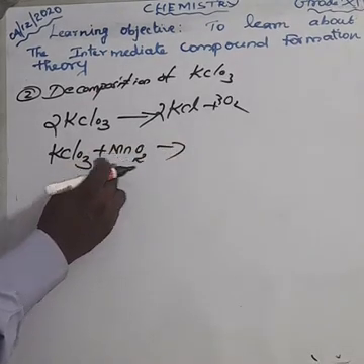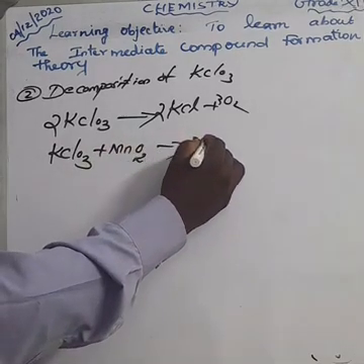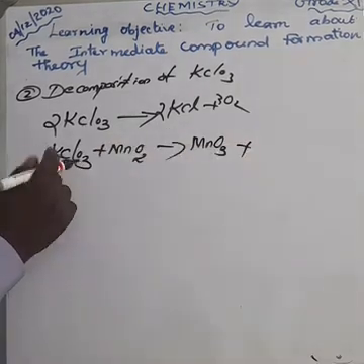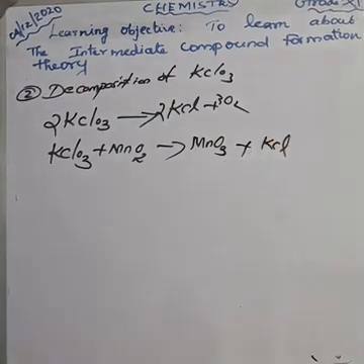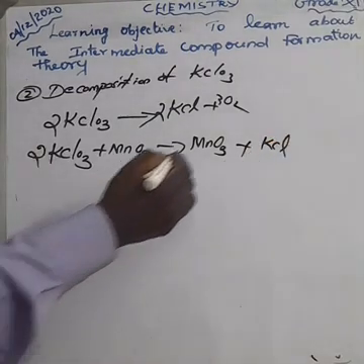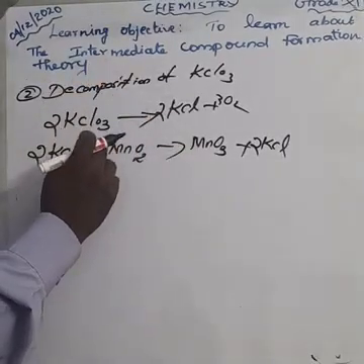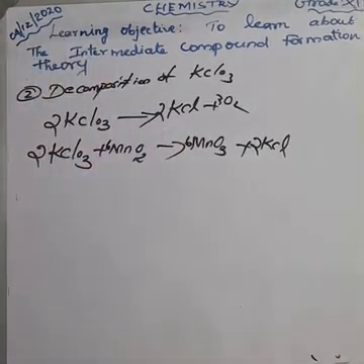MnO2 plus O gives MnO3, and potassium combines with chlorine to form KCl. How can we balance the equation? Make it 2 here, so we also make it 2 here. Oxygen is not balanced, so we balance by adding; we can put 6. Now the equation is balanced.